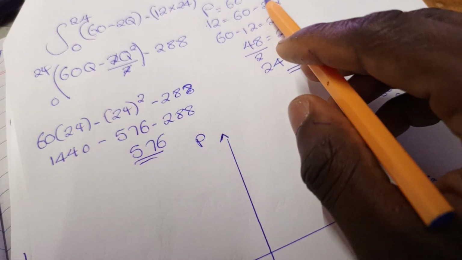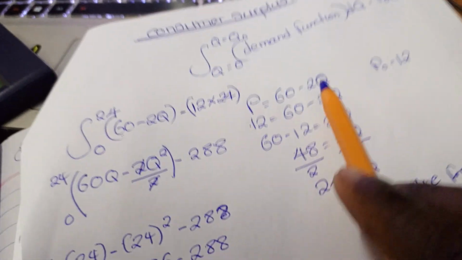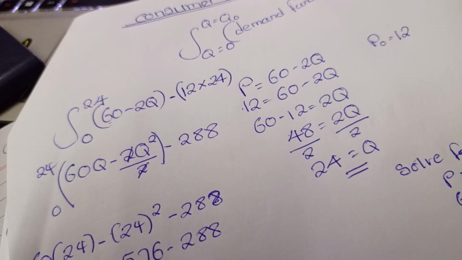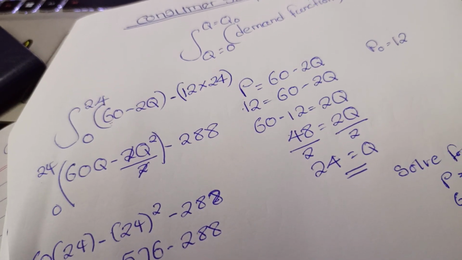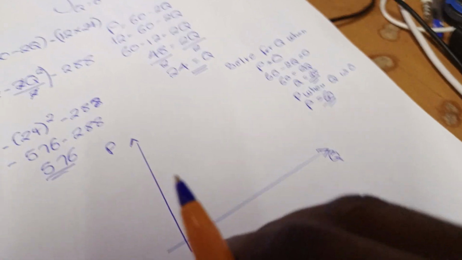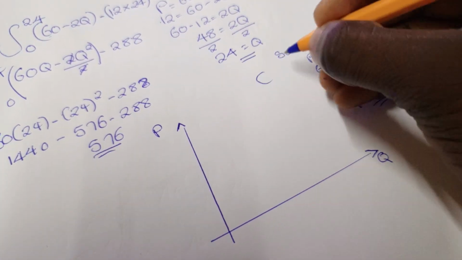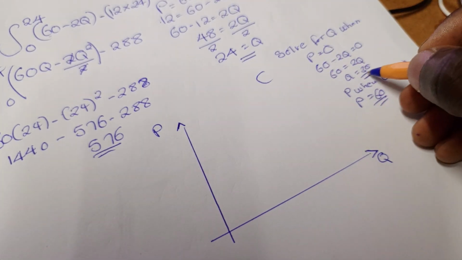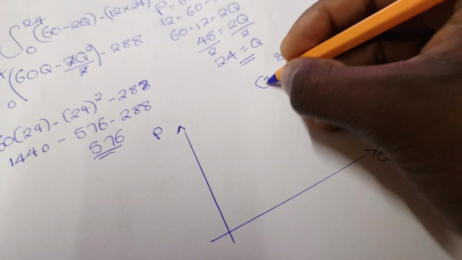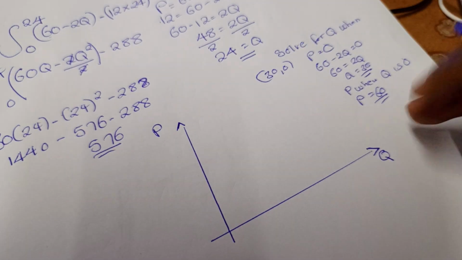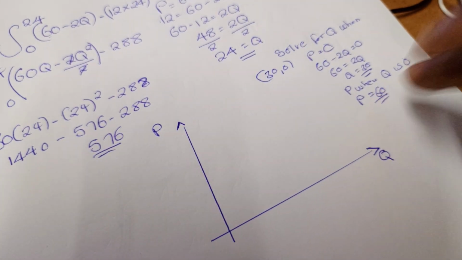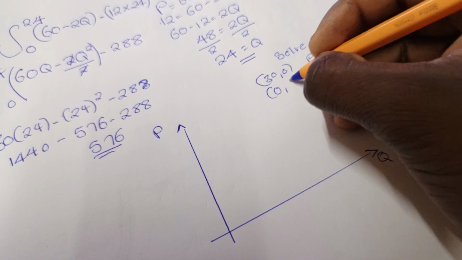If you put 0 where there is Q, you get P is equal to 60. So we say 30,0 for Q when P was 0, and 0,60 for P when Q is 0.